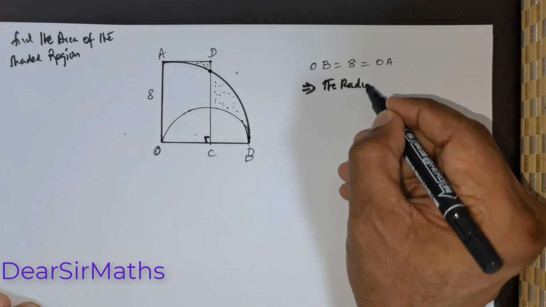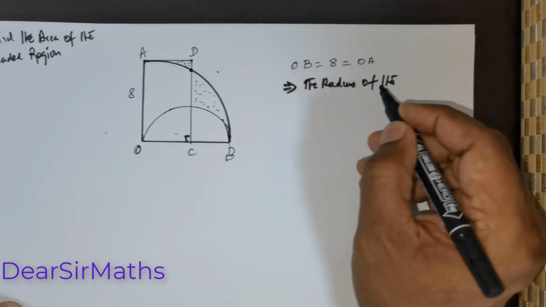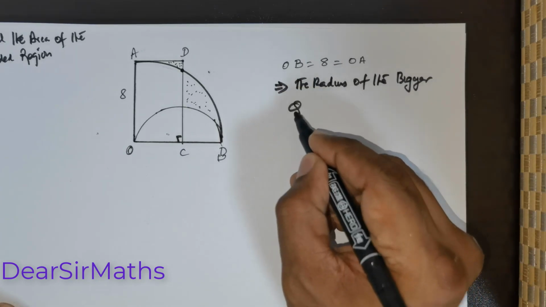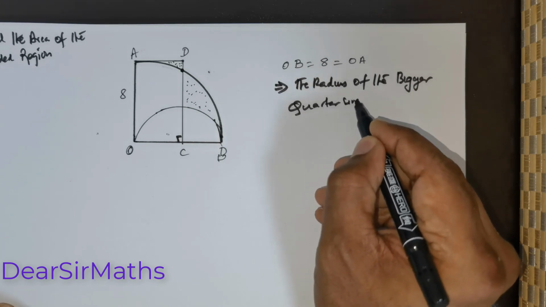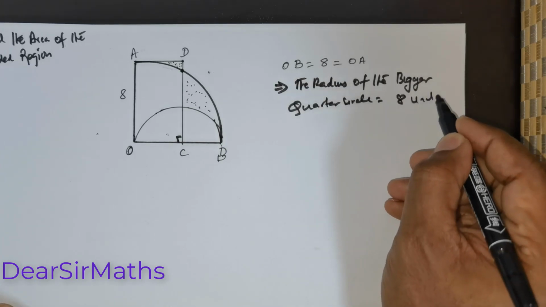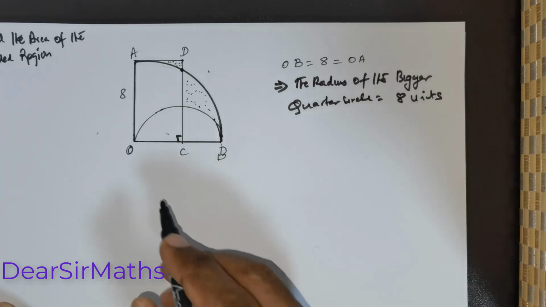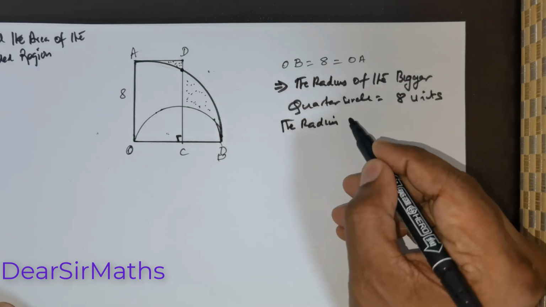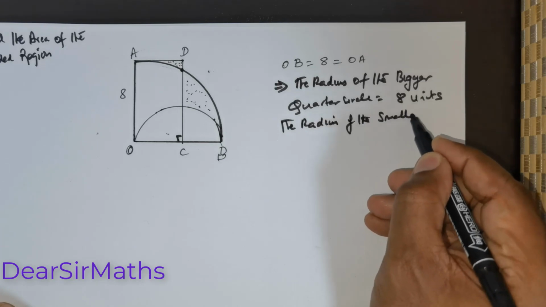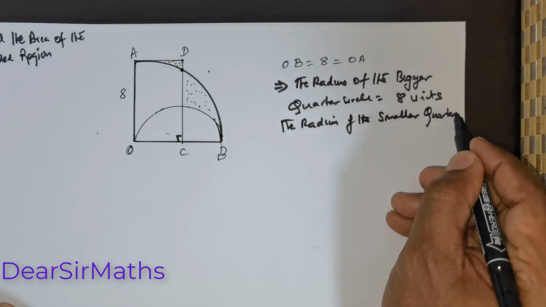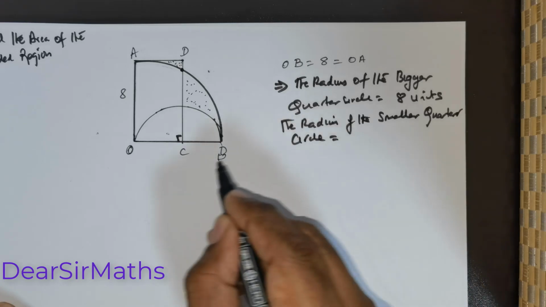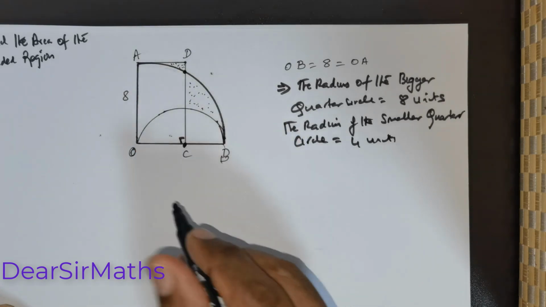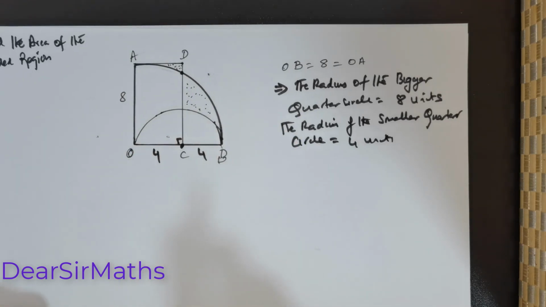The radius of the bigger quarter circle is 8 units, and the radius of the smaller quarter circle is 4 units. Now why do I say 4 units? This entire thing is 8, so this is at the center, so this is going to be 4, this is going to be 4. Okay, fair enough.